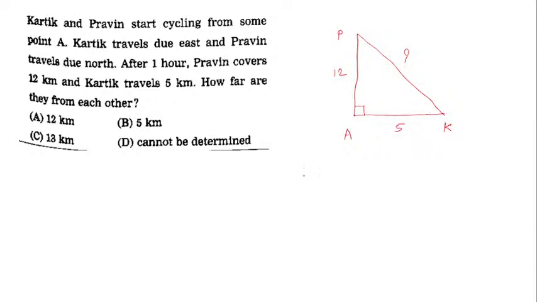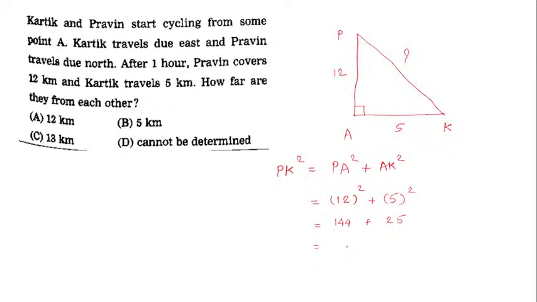So if we use Pythagoras theorem over here, the hypotenuse, that is PK square, would be equal to the sum of squares of the remaining two sides, that is PA square plus AK square. So PA is 12, so 12 square plus AK is 5, that's 5 square. So 12 square is 144 plus 5 square is 25.